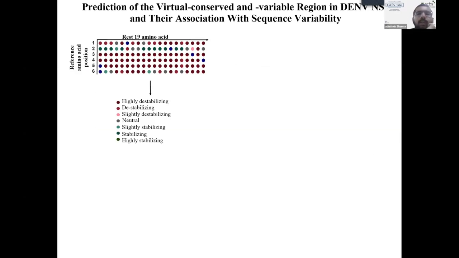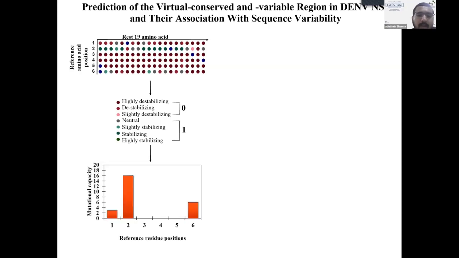For simplicity of calculation, we classified all destabilizing mutations as 0, and all neutral or stabilizing mutations as 1. We then combined these for each residue position to get a score called the mutational capacity score.